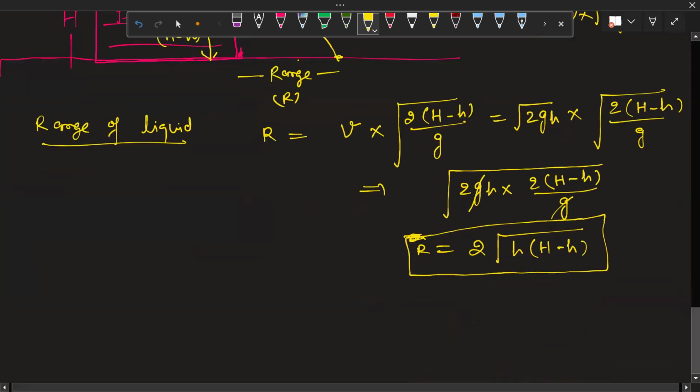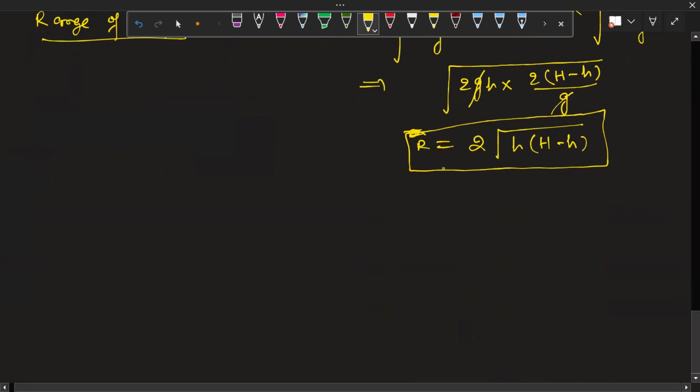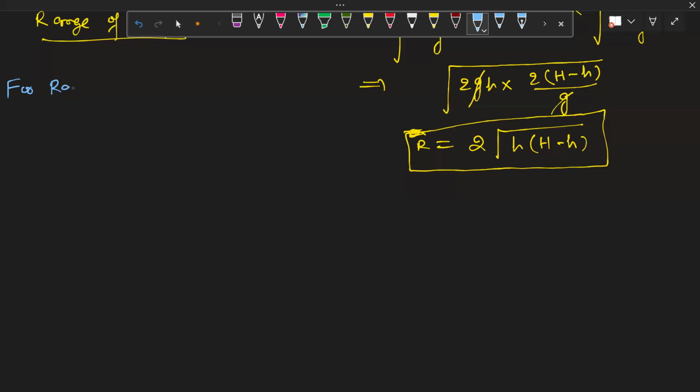Now, so this is the range. If you are interested, Neil, to find the condition for the range to be maximum, then h should be equal to H minus h.